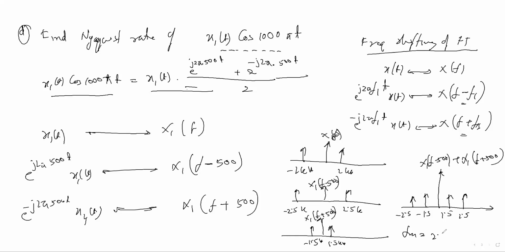The maximum frequency is 2.5 kilohertz. So the Nyquist rate is 2 into fm, 2.5 kilohertz means 5 kilohertz. Have you understood? Like that, you can find the Nyquist rate. If you know the Fourier transform properties, then you can easily solve the problem.